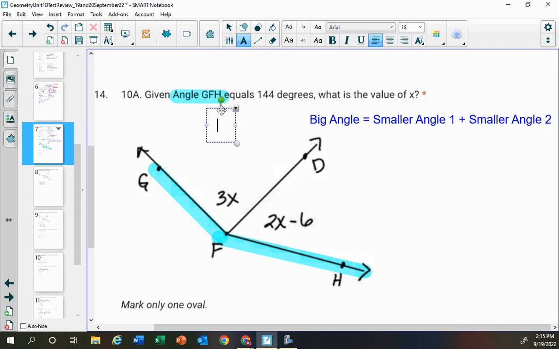That would mean I'm doing 3x plus 6. It's going to equal, you're on the right track, your big angle. So let's use the letters. What's our overall big angle? What's the name of the big angle? What letters?